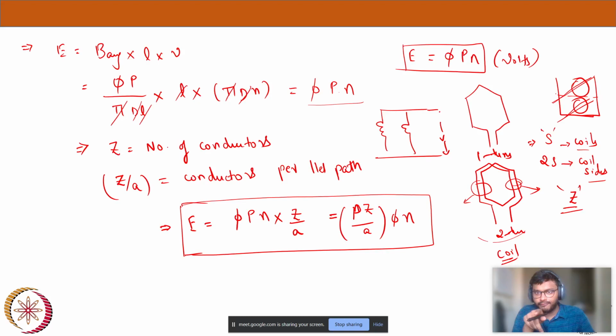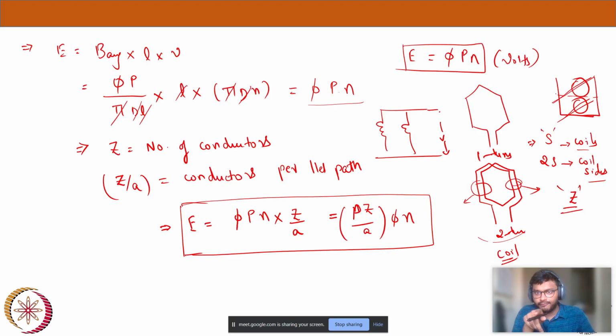So we calculate the length of this arc and then the area. The total length is 2 pi r, that is pi d, and this is only one fourth of pi d. That's how we arrive at pi d by p.